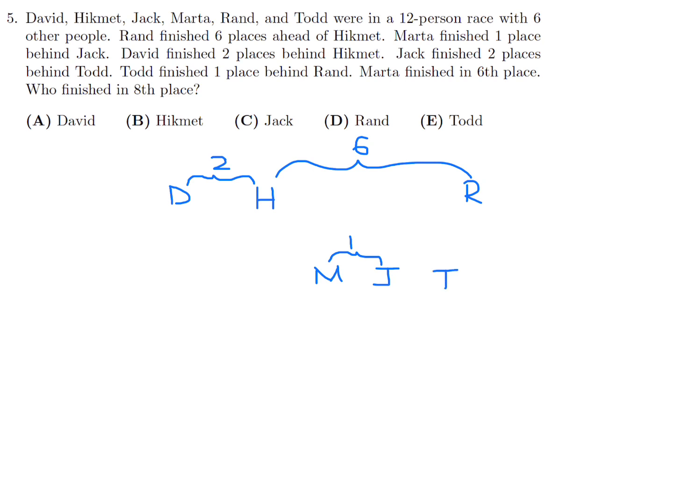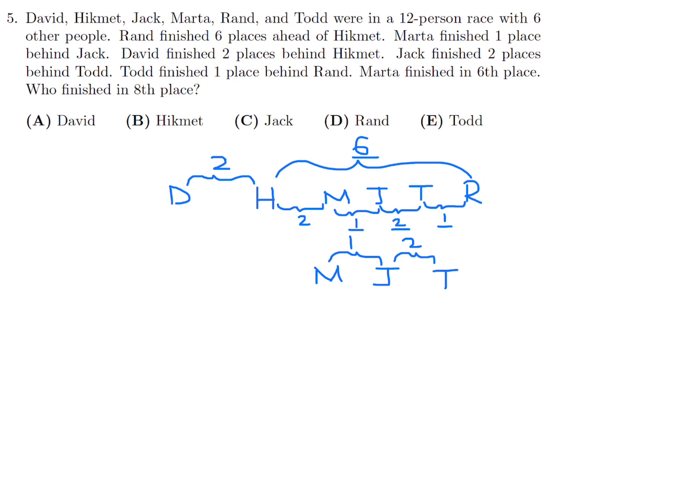So if Todd is here, this is going to be 2 places. And then Todd finishes 1 place behind Rand. Oh, okay, so Todd's going to go here. He's 1 place behind Rand. And then Jack goes here. He's 2 places. And then Marta is 1 place. And I guess this is 1, 2, 3, 4, and this was 6, so this is going to be 2. So we put it all together.